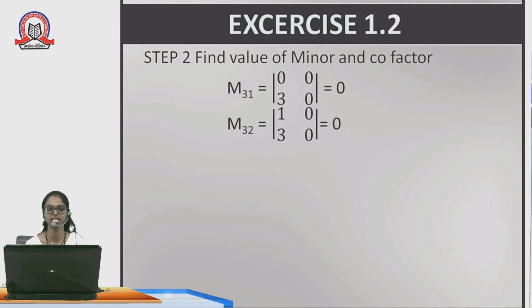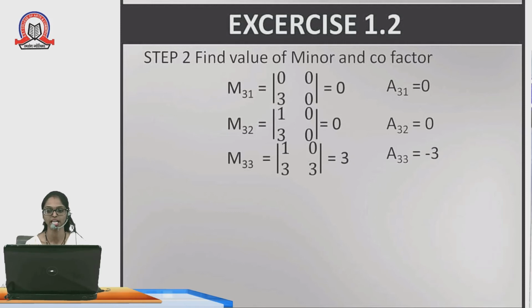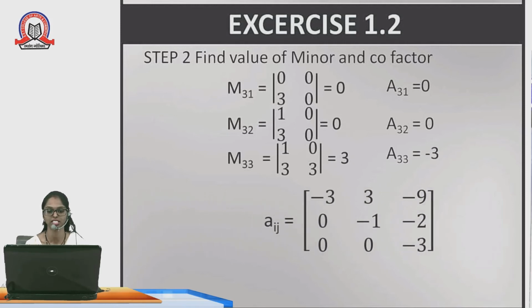Next, delete the third row and second column elements, my determinant is 0. Next one is M33, delete the third row and third column elements, we get determinant 3. Now what are the respective elements? We get A31 is 0, A32 element is 0, and A33 element is minus 3.